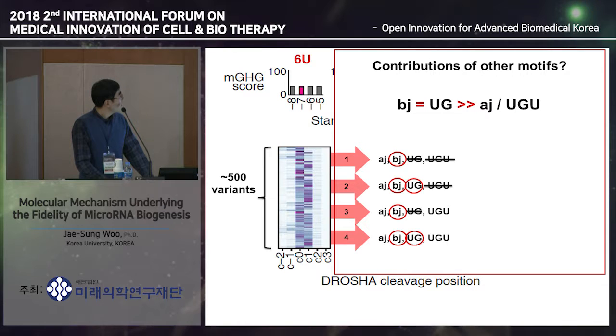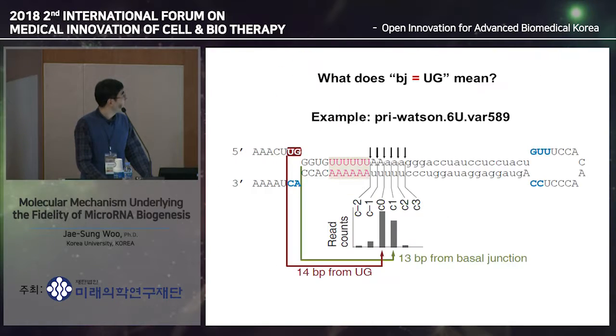In this group, basal junction always wins over the apical junction. And here the basal junction and UG have a comparable effect. And here only basal junction wins. And here also basal junction and UG have a comparable effect. So the basal junction and UG are important, but AJ and UGU are much less important.